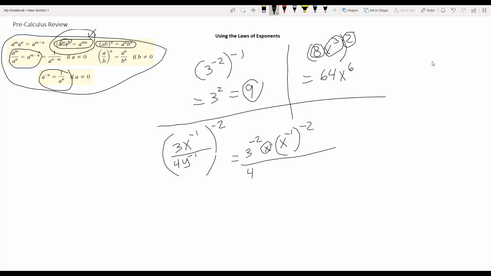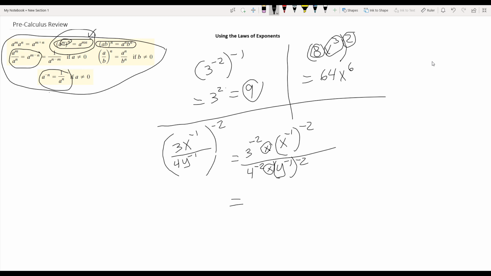And now we have to do the same in the bottom. So that 4 is also being affected by the exponent. So 4 to the -2 times what? Well, the same. y to the -1, and that -1 is also affected by the exponent. So how can you simplify this?